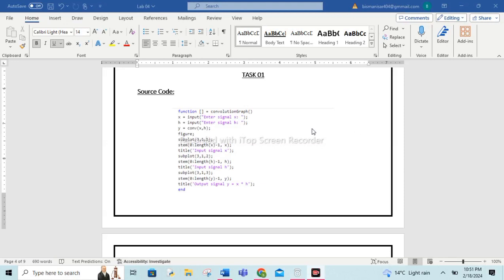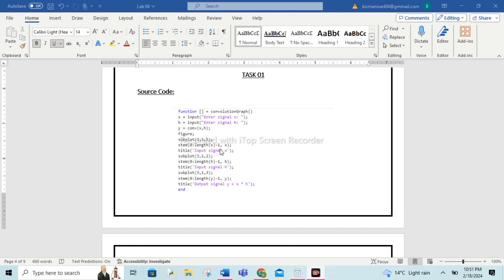In task 1, we define a function that is convolution graphs. Then we take a signal x from the user and also take a signal h from the user. Then we convolve both the signals x and h. Then we use the figure command for producing figures. Then use subplot 3, 1, 1. Then use stem for producing x. Then use title input signal.